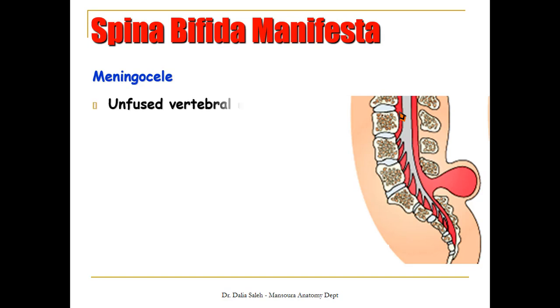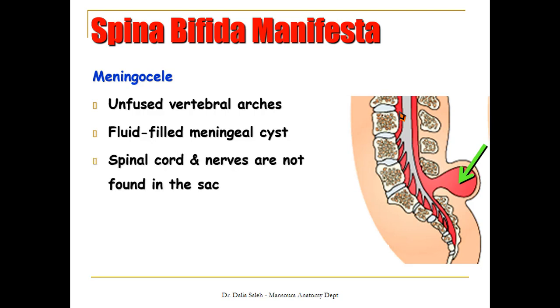So for meningocele, there are unfused vertebral arches and a protrusion of a fluid-filled sac or cyst made by the meninges. That's why we call it meningocele. The spinal cord and nerves are not found in this sac, and they are in their own place. That's why there is no massive neurological manifestation in this case, only some mild neurological manifestation.